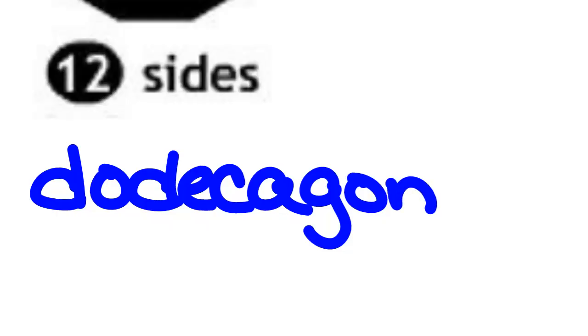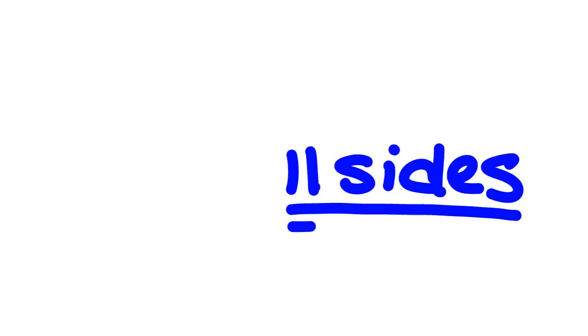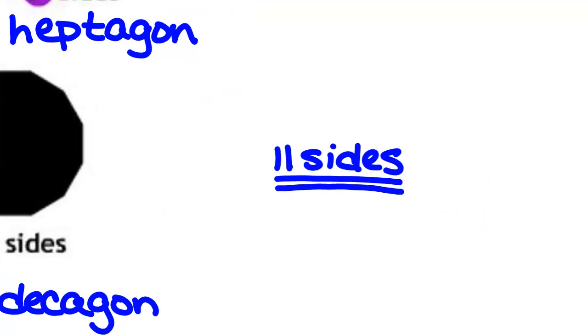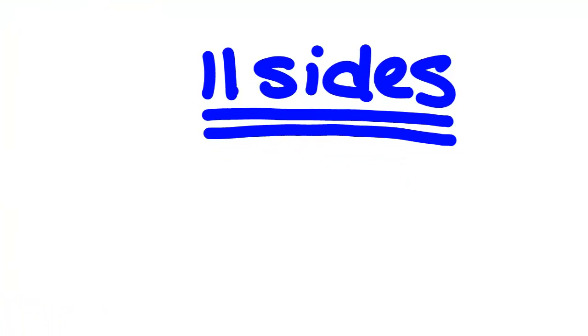And does anybody notice what I skipped? We've got 3 sides, 4 sides, 5 sides, 6 sides. Which one got skipped? 11 sides. So when we start to get into some of these really weird-sided shapes, like an 11-sided shape, it does have a formal name.